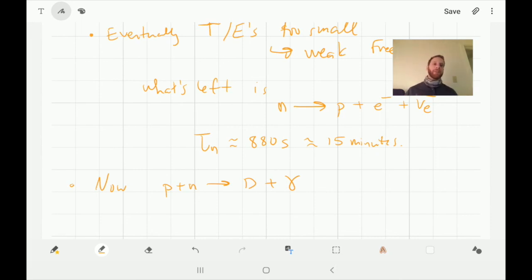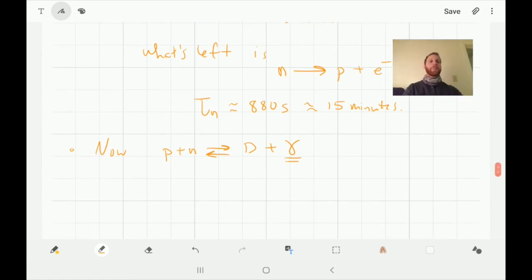The problem is at this point, you notice that you've got a high energy photon being created in this process. Well, the problem is that this interaction can go back the other way. So basically, you can't produce too many deuterium. Can't produce enough deuteriums because too many high energy photons, too many photons with energies that exceed the binding energy of deuterium.